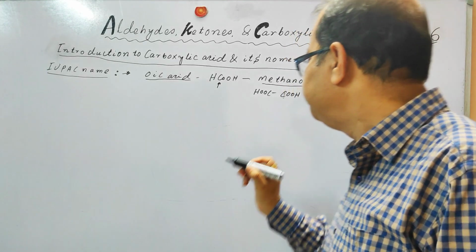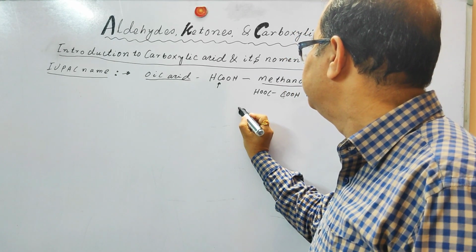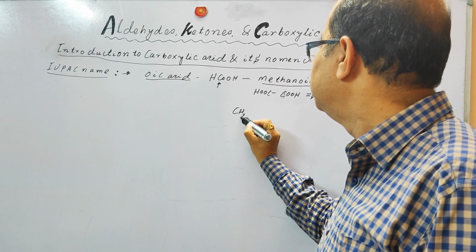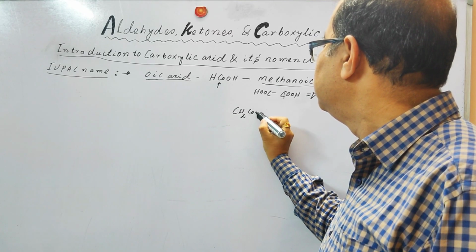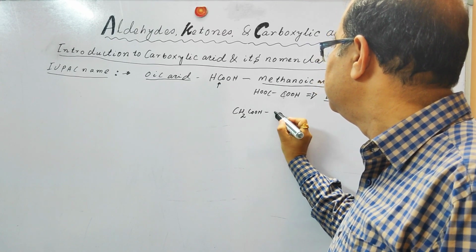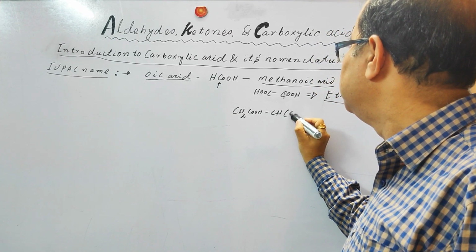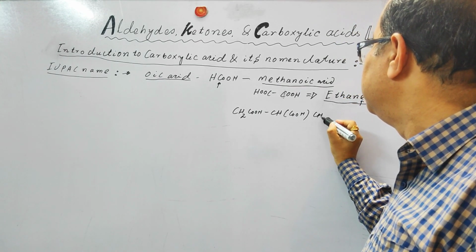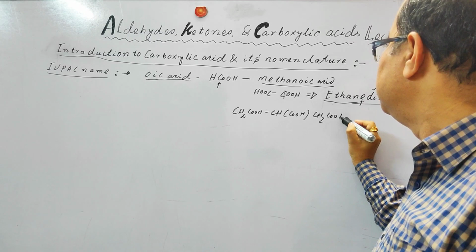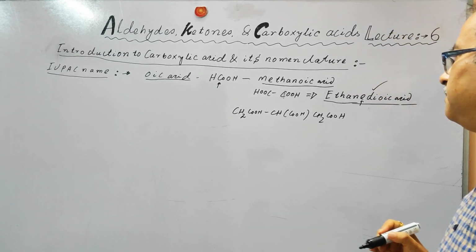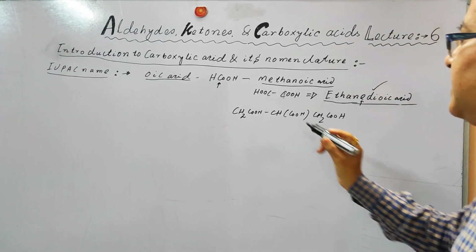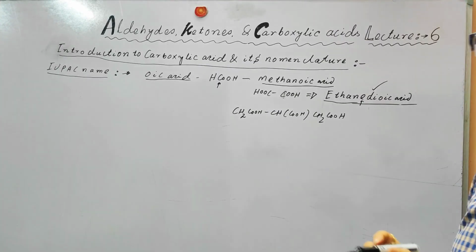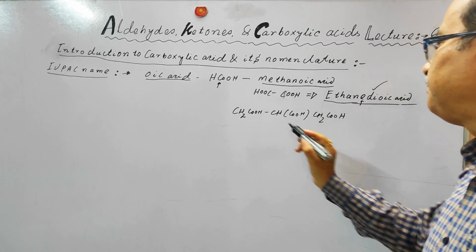Another example, let us understand. Here you can see there are 3 carboxylic groups.